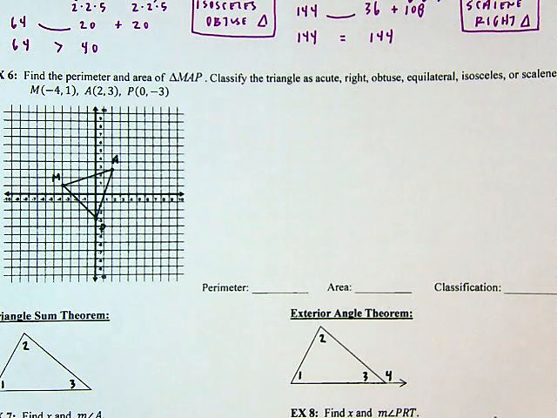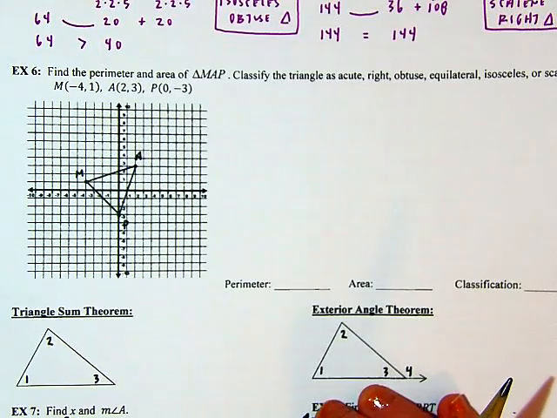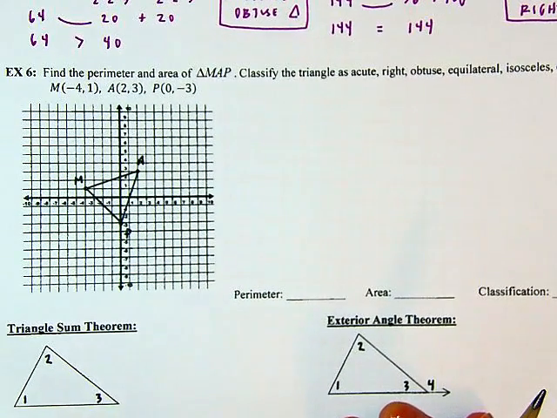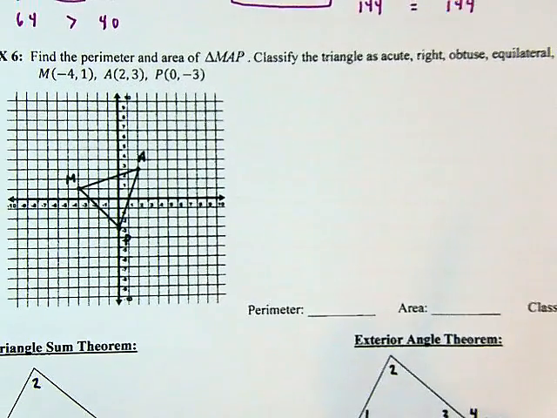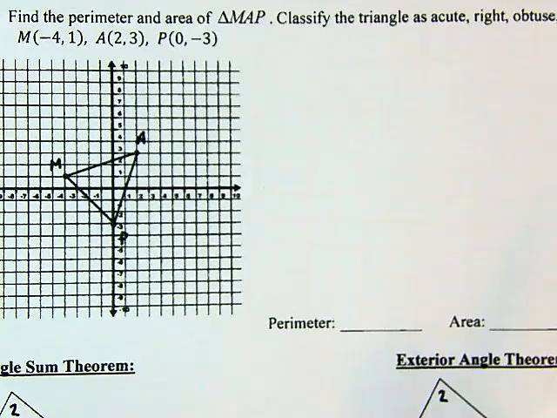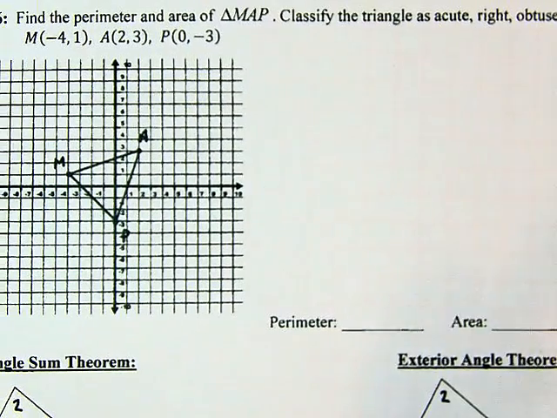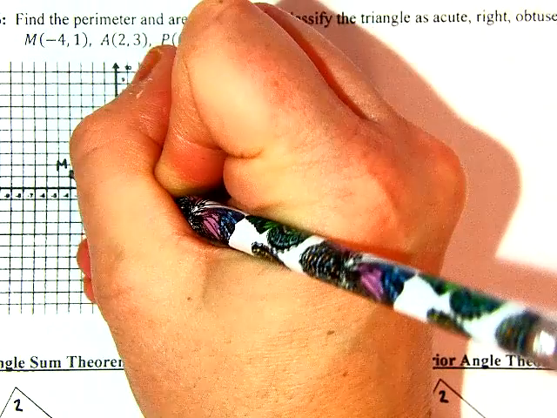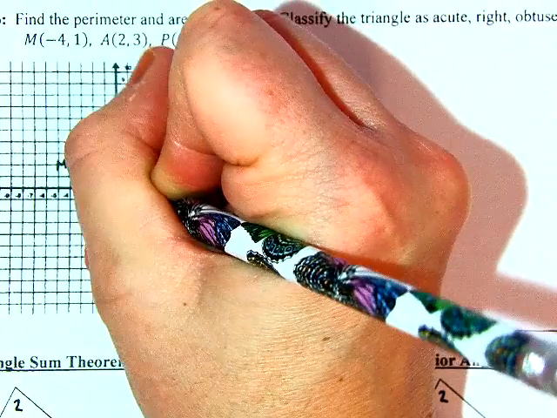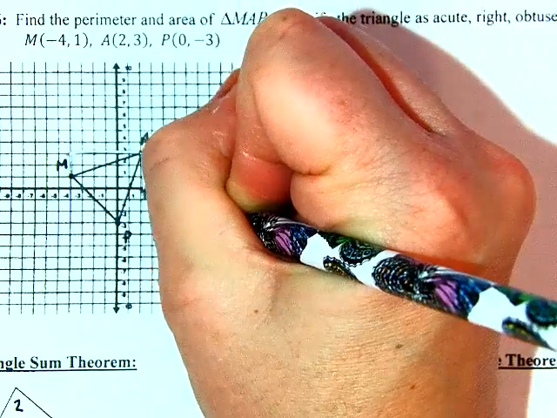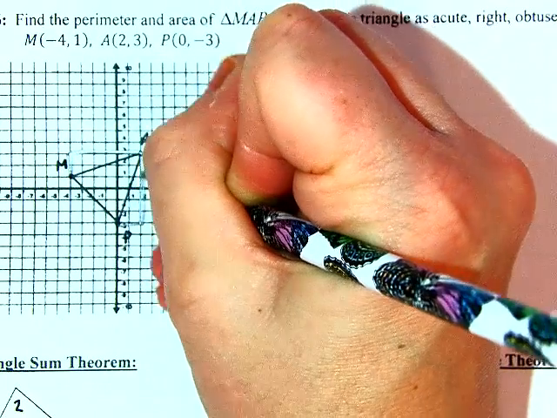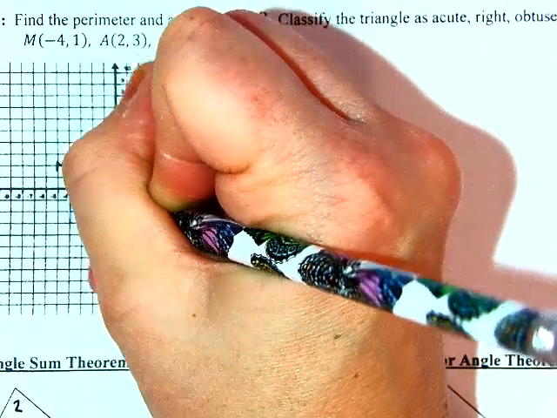Because I don't like to use distance formula per se. I like to just visualize it as Pythagorean theorem. Let me get a little tighter. I know it helps every time I have a grid. Okay, so if I'm looking at MA first, I'm visualizing this right triangle. I'm going to have to do AP next, so I'll just draw in all those triangles, and then MP as well.